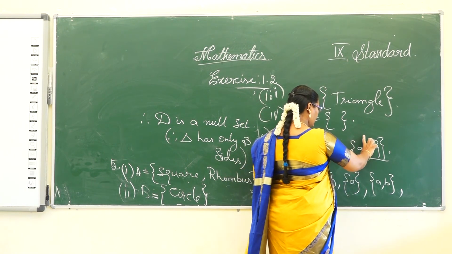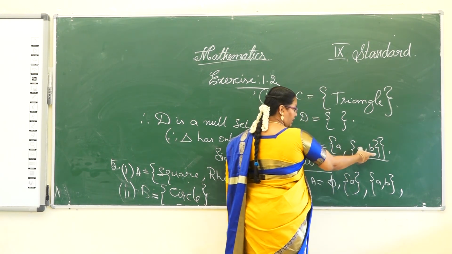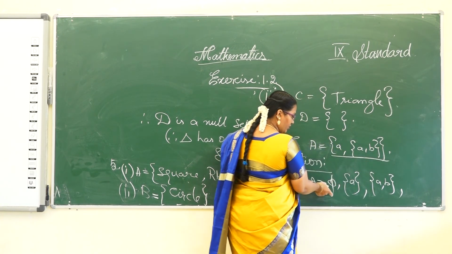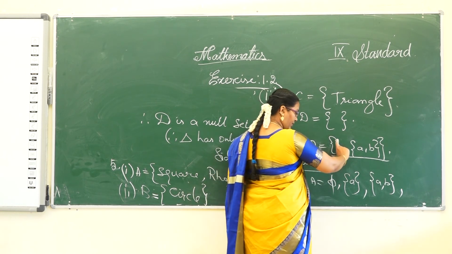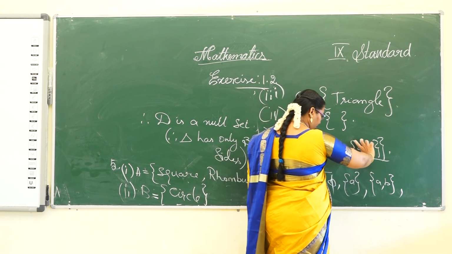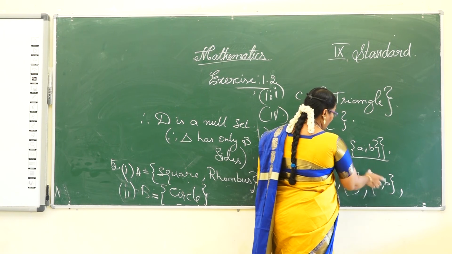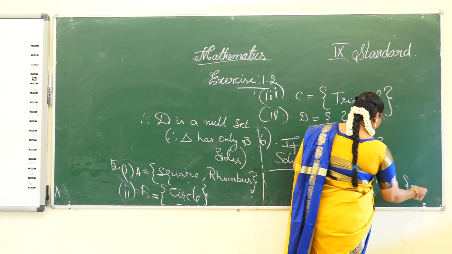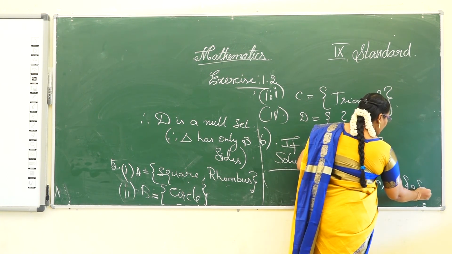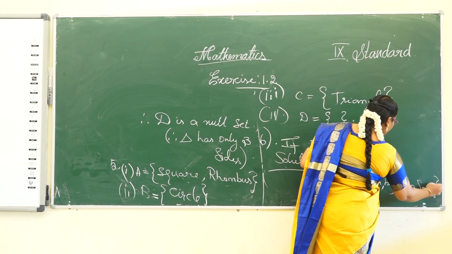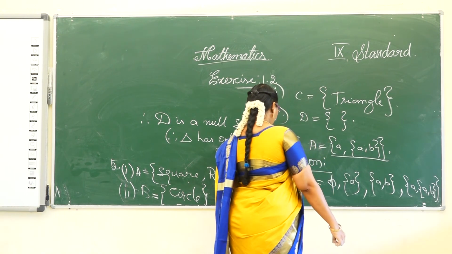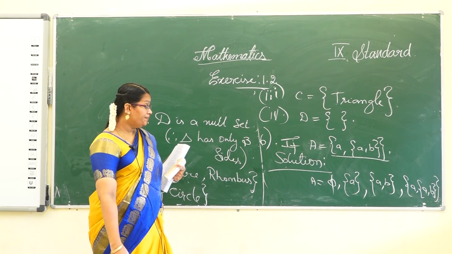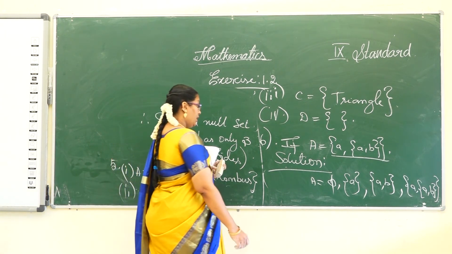Here consider 2 elements, a and b. As usual, first write the empty set, second the element a, and third the given set {a, b}. Otherwise, another possibility is {a, {a, b}}. I hope you are understanding subsets of A.